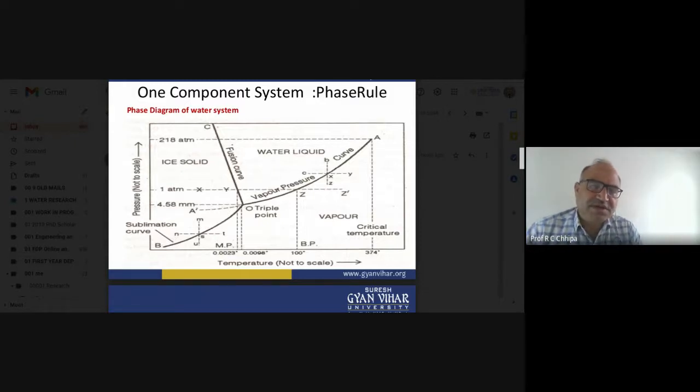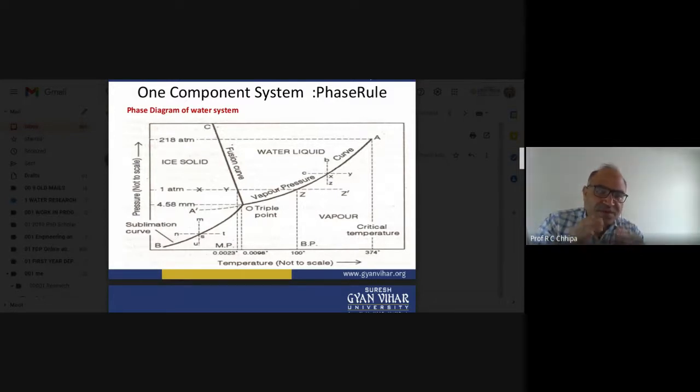So what happens in the phases? The solid phase has one boundary, and at the center is O, that is the triple point, with B and C. The area covered by BOC is the solid, the phase area of ice. So the ice phase is present within the curve boundary BOC.